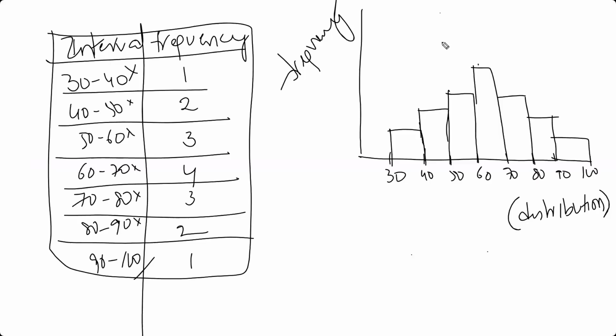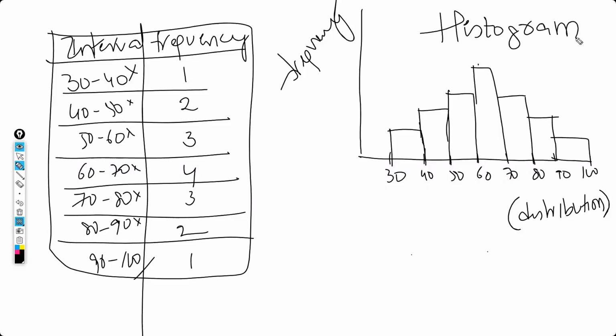And this diagram is called a histogram. Should a histogram be applied on a continuous variable or a discrete variable? Continuous variable. For a discrete variable, count plot. For discrete variables, different plots are there. For continuous variables, different plots are there. We cannot use the same plot for both types of variables.